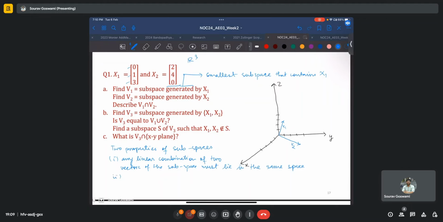The second property is that any scalar multiple of a vector of this space must lie in the same space.